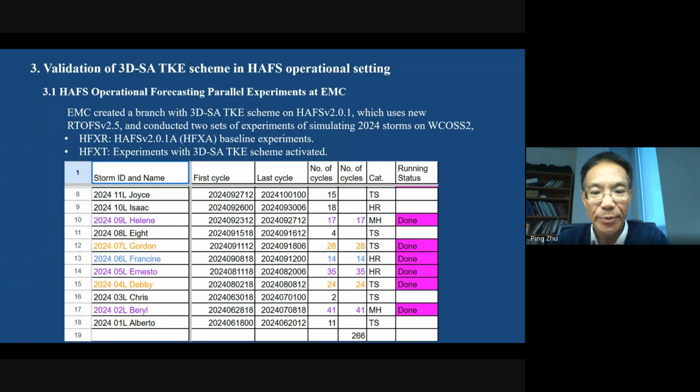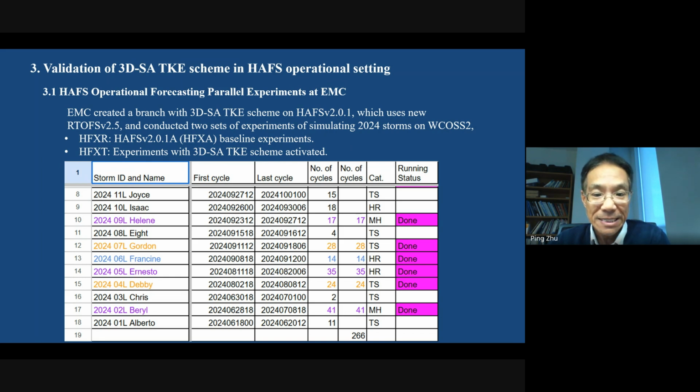EMC created a branch with the 3D scale-aware TKE scheme on HAFS v2.0.1, which uses the new operational real-time ocean forecast system version 2.5, and conducted two sets of parallel experiments simulating 2024 storms on WCOSS2, named HFXR and HFXT.